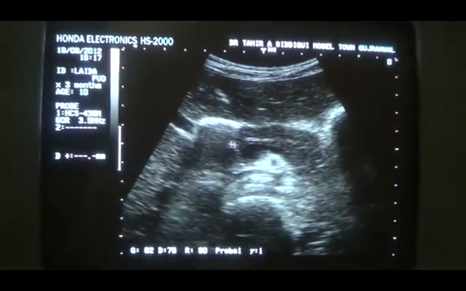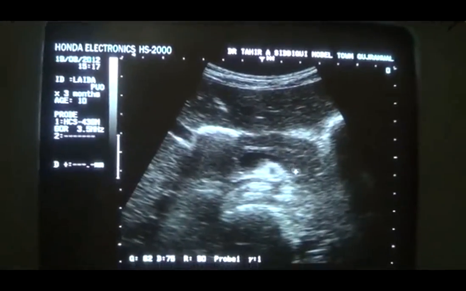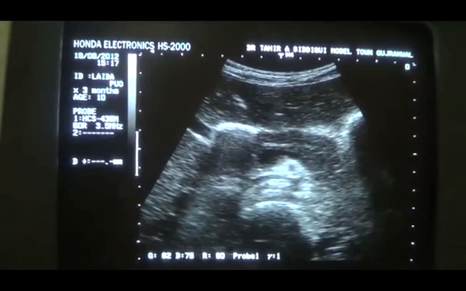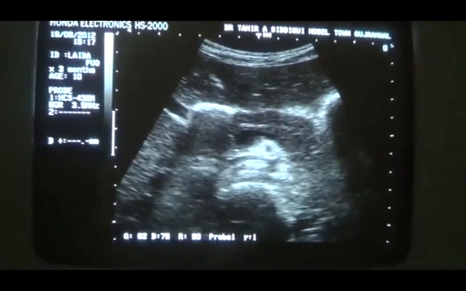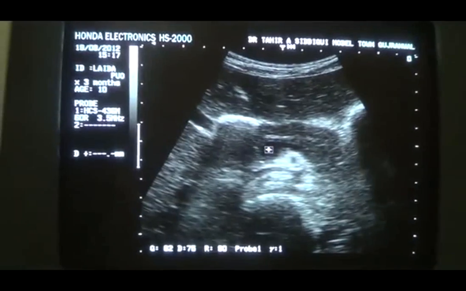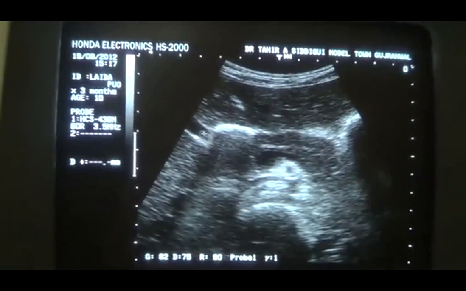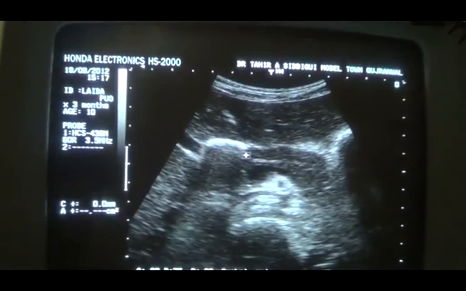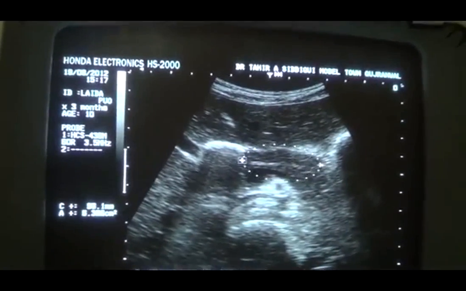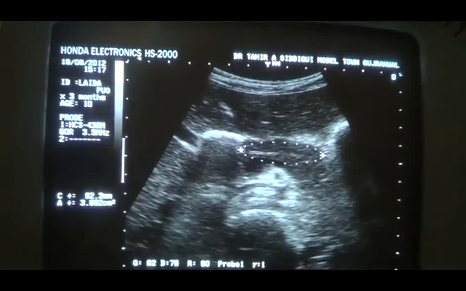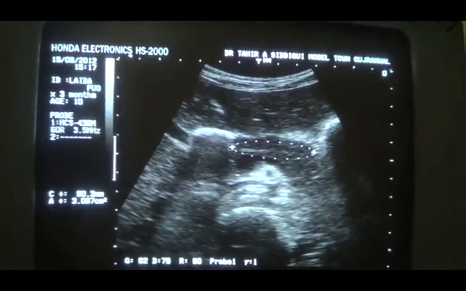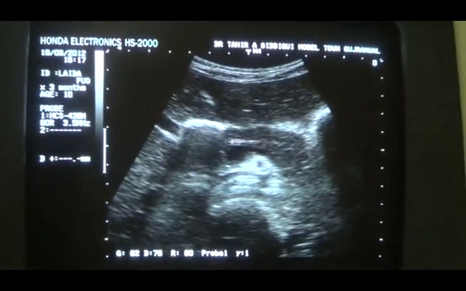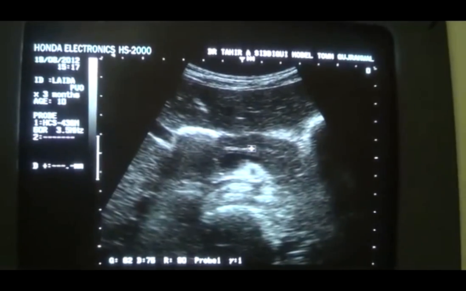You see, this is the splenic vein, superior mesenteric artery, and this is the superior mesenteric vein. This is the gallbladder, liver, and this portion is the body of the pancreas. So the pancreas is normal, and the central echogenic line within this is the pancreatic duct.